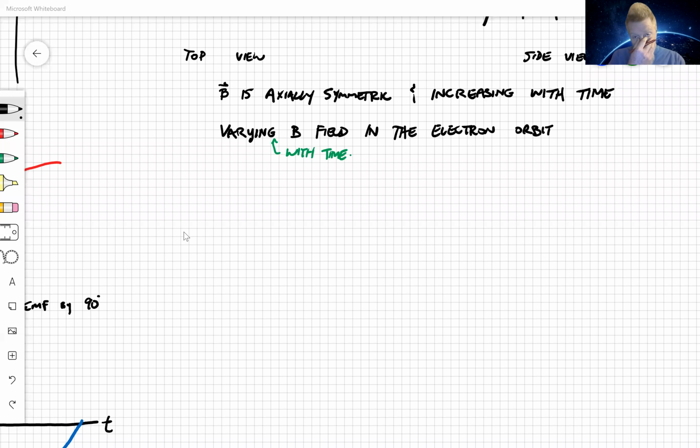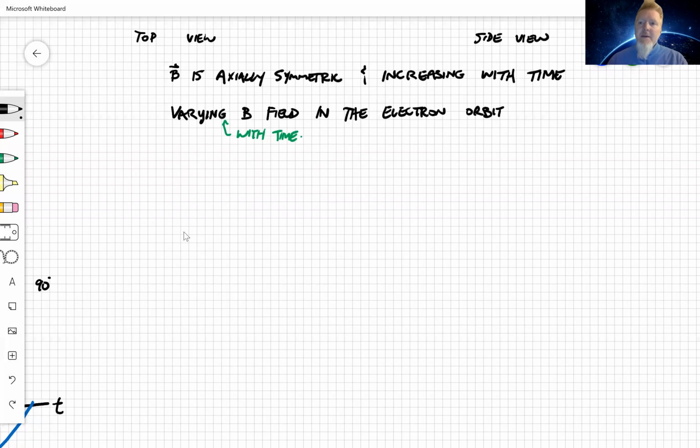Back to this. So the B field varying with time, if you recall the Faraday law from the Maxwell equations, they didn't have a voltage in them, right?